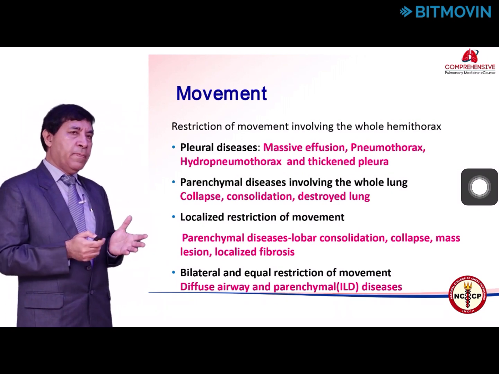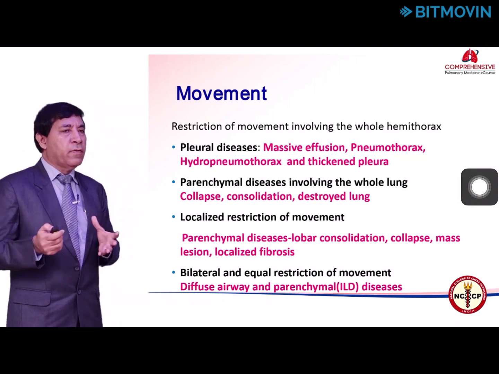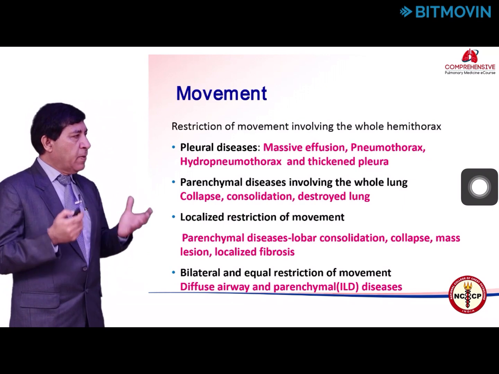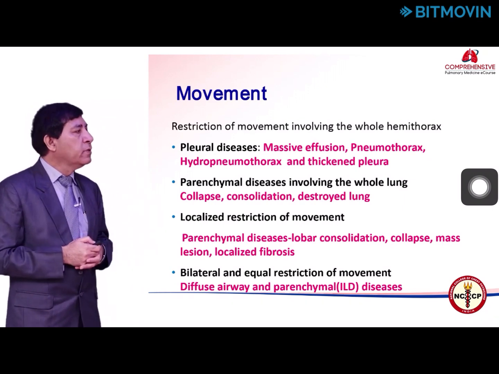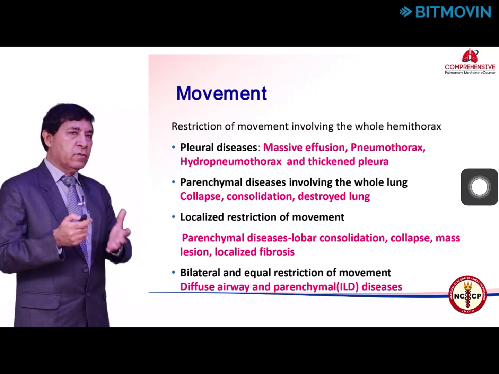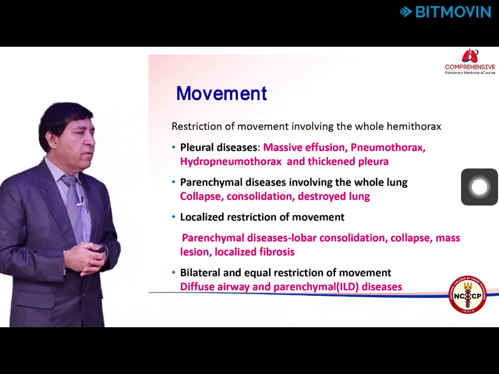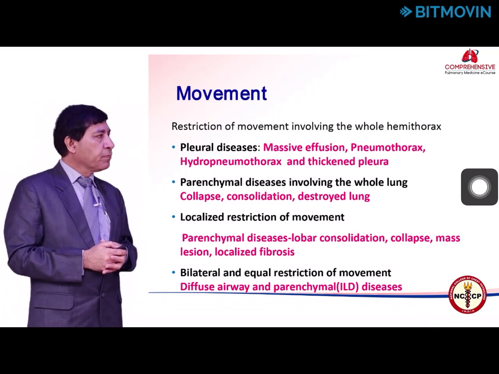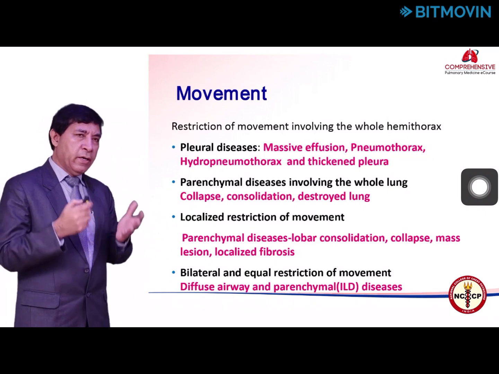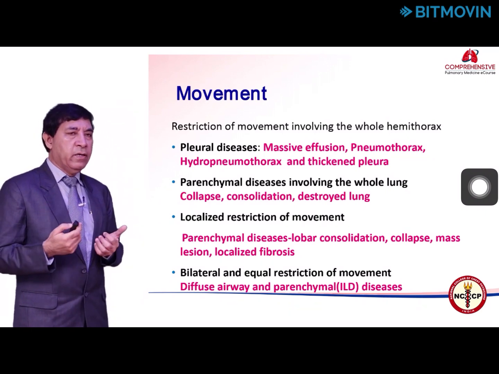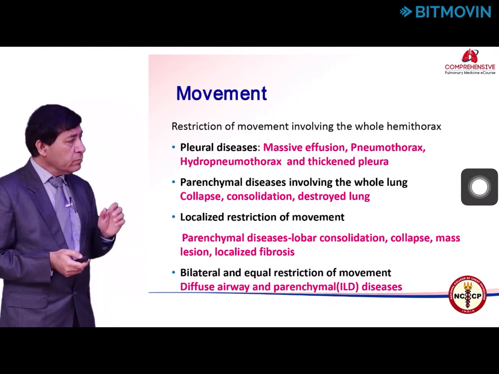The other conditions associated with complete loss of movement of one hemithorax are parenchymal diseases which involve the whole lung, like total lung collapse, consolidation, which is not a very common condition to see, or extensive fibrocavitary disease or destroyed lung. In this situation, the movements will be restricted anteriorly, laterally and posteriorly, right from above downwards.